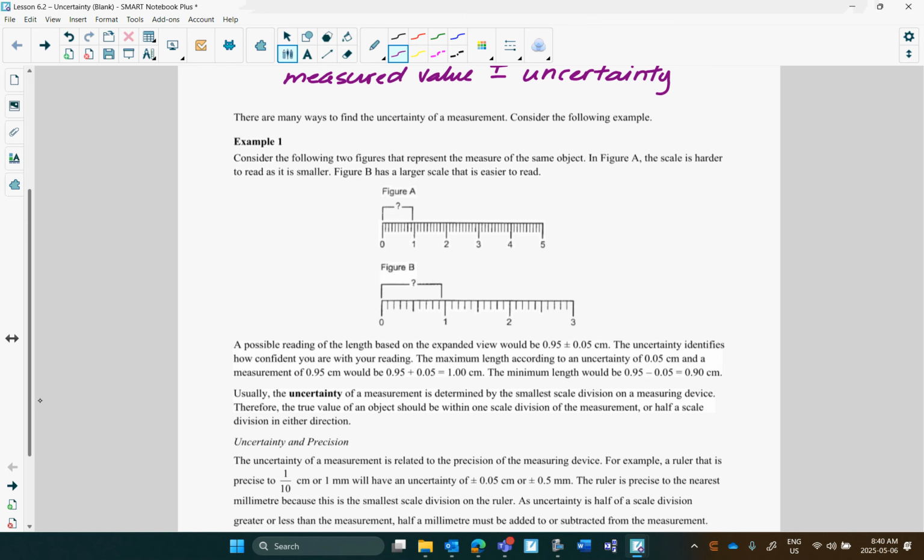If you looked at figure A, broken up into tenths, this is 1 centimeter, which means each notch is a millimeter. It looks like a little bit more than 9 millimeters. Kind of hard to see exactly how much. Maybe 0.2, who knows? But if it's blown up, it is a little bit easier to see. So we can see that we're maybe 9.3.